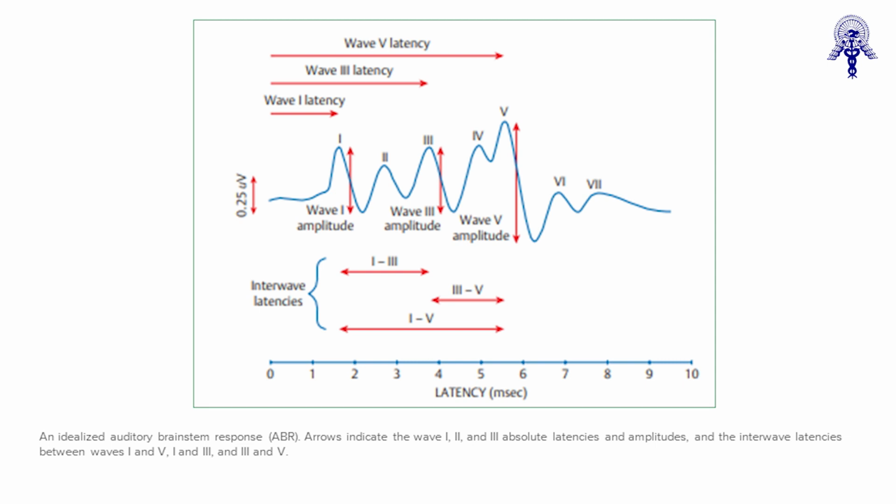But the most important peak is peak 5, and peak 4 is just a significant positive tracing before peak 5. A few milliseconds gap, and if it differs between the individual ears by 0.2 milliseconds, then this is significant.